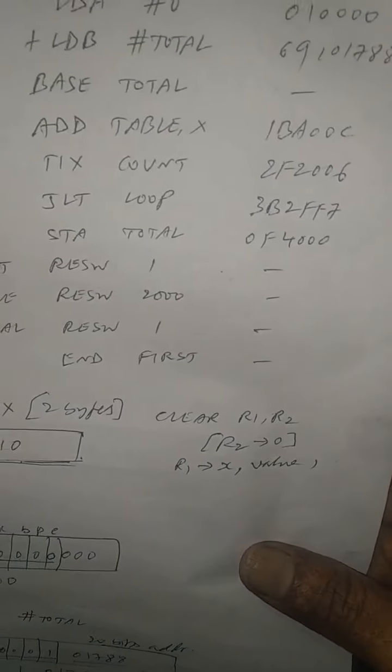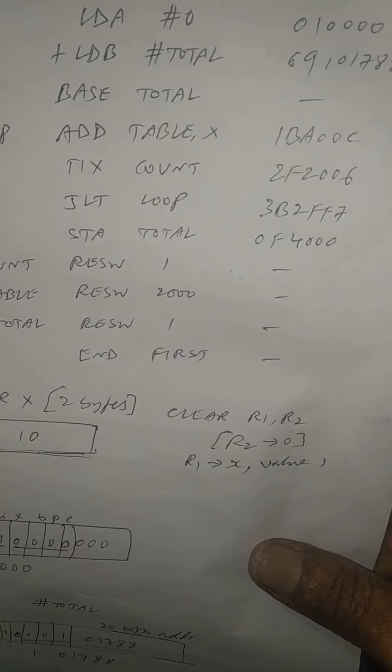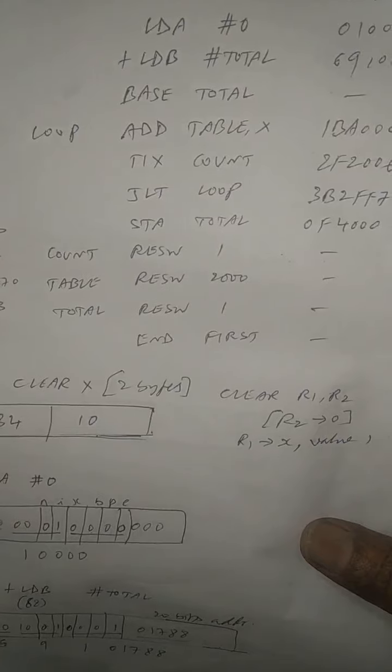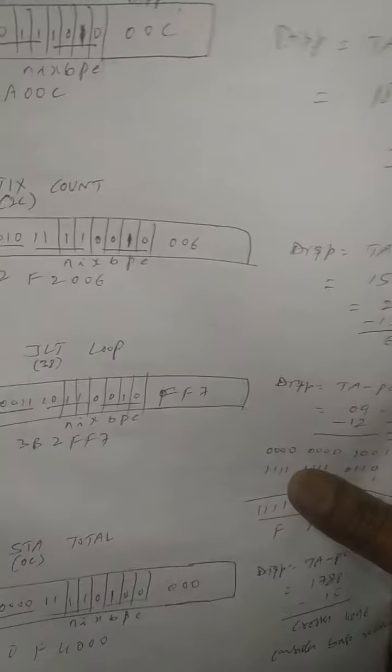For the remaining statements, it is not required to generate the object code. You already know. So this is the final solution for the given problem. Yes, that is the complete solution for the given problem. The only thing here is that you should know which instruction will take how many bytes.